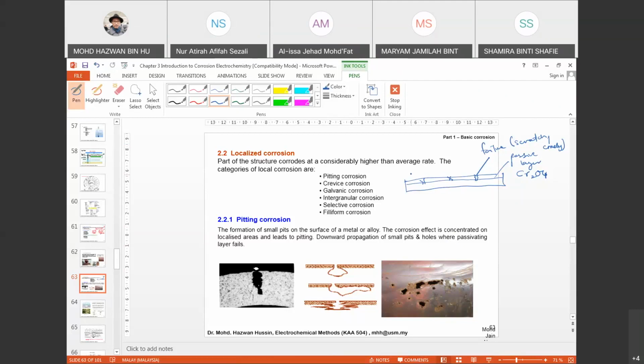As I said, when you have a crack, oxygen and water can easily penetrate this region and create corrosion. The corrosion forms like a pit, and it is a downward propagation.